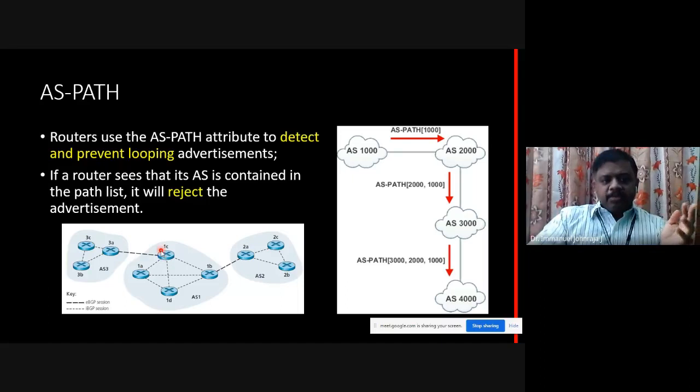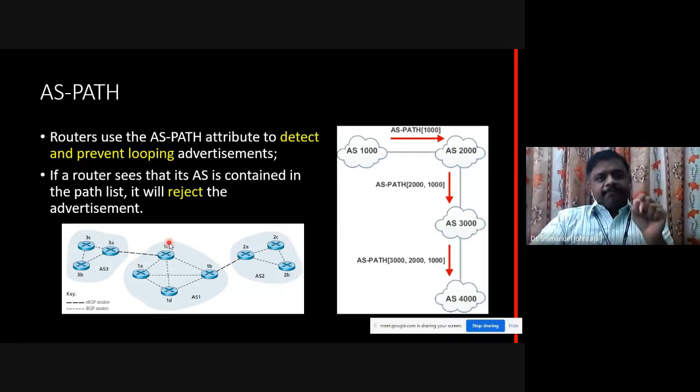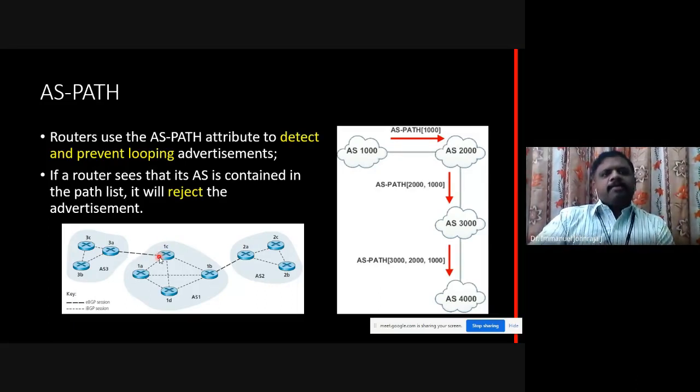When they are advertising, it goes to everyone. When it comes to this advertisement, and router 1C looks at its own ID in the autonomous system path, it understands, okay, this is not going to help me, and it is going to discard that packet. Not only that, this gateway router in autonomous system 1 would distribute this routing information to 3A.